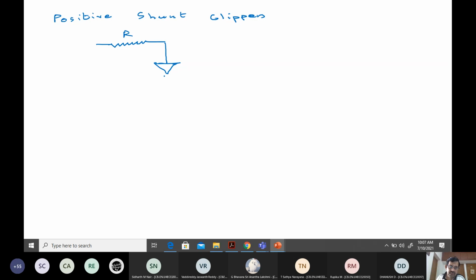So I have to ensure when I take the output across the diode, if we have to consider the ideal diode condition, the way it should be connected will be like this, because under forward bias, the diode will be short circuited, which means my output will be zero for input signal in the positive half cycle.